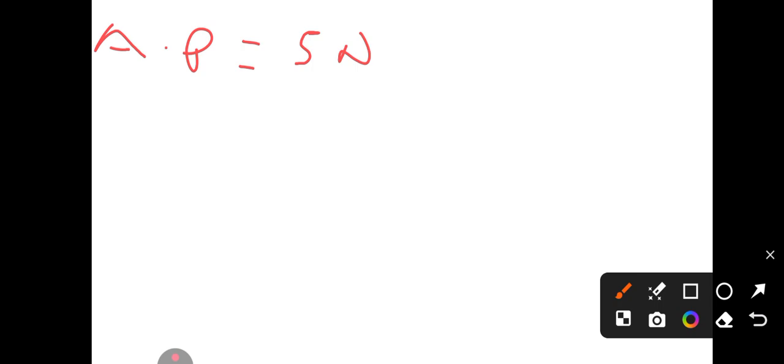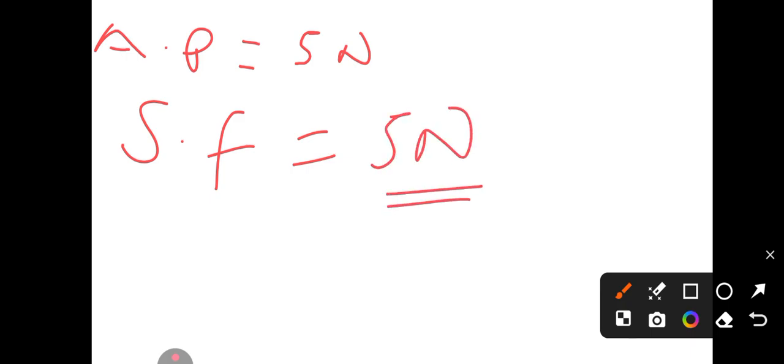That means for the 5 Newton to cancel to 0, there is also a force acting on it, the friction force, again 5 Newton. So the static friction, which we were asked to find, is also equal to 5 Newton. That means we have dealt with this question.